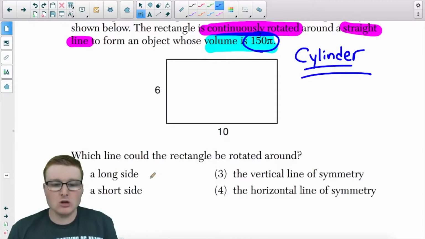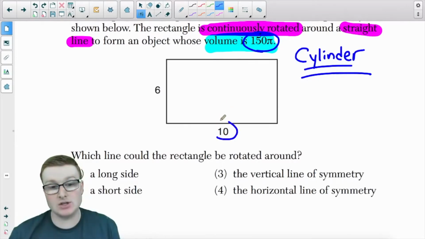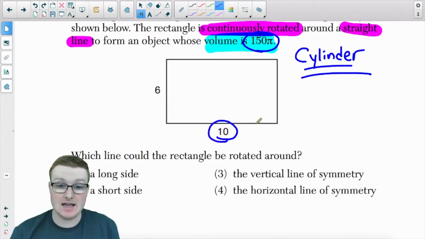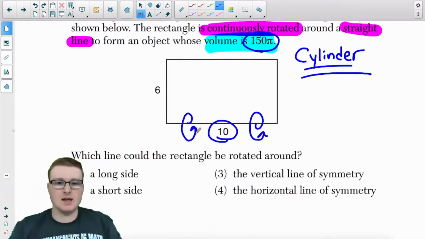Okay, well, alongside in this case is if you were to rotate the rectangle around the long side, as in you're rotating in this direction. You're spinning it like this, okay?